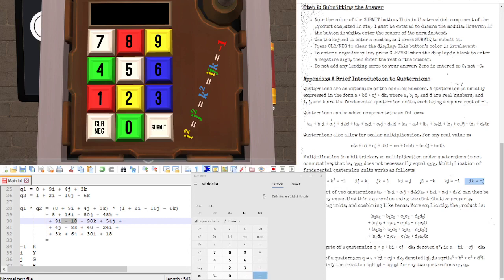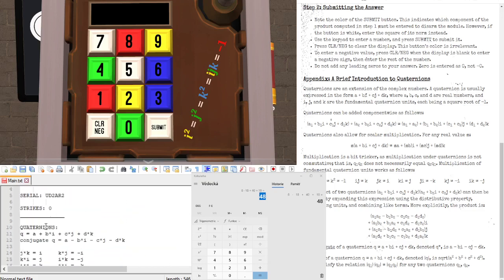So back to this, we have 8, which is a real part, then minus 18, which is a real part, plus 40, which is a real part, and plus 18, which is a real part. So the diagonal is done, and it yields 48. That's our a of the product in this manner.